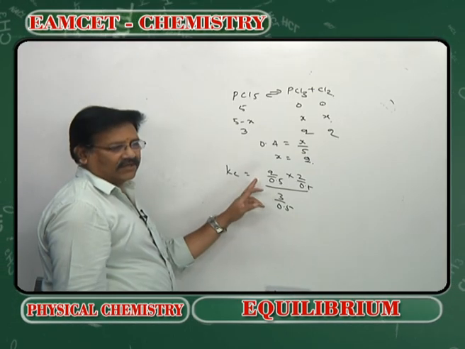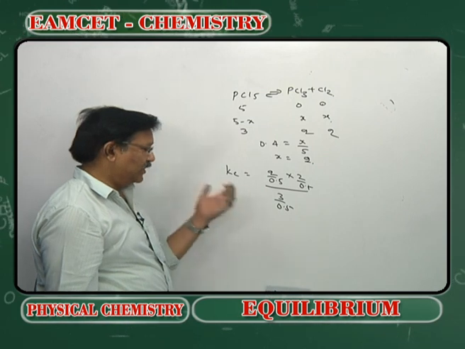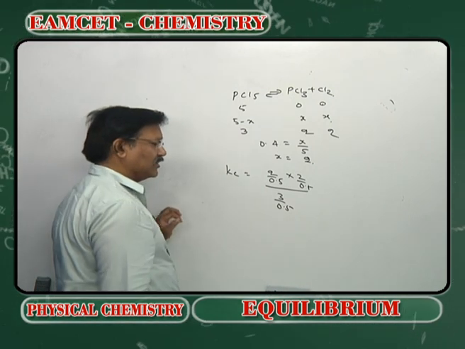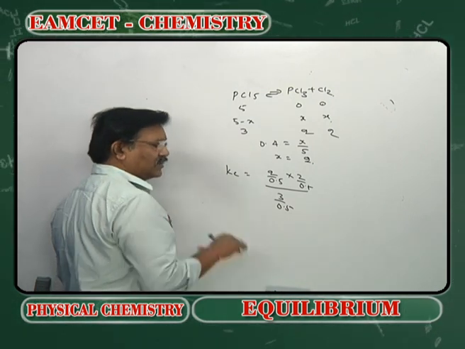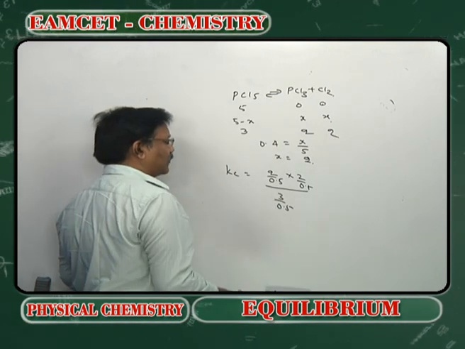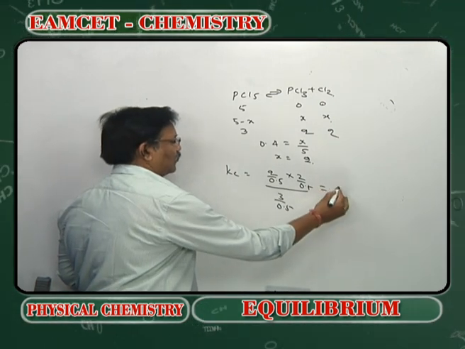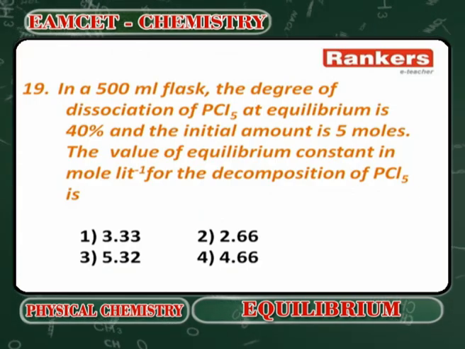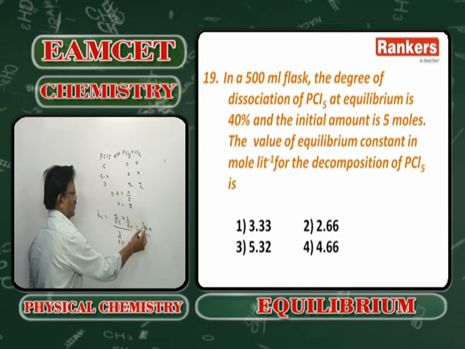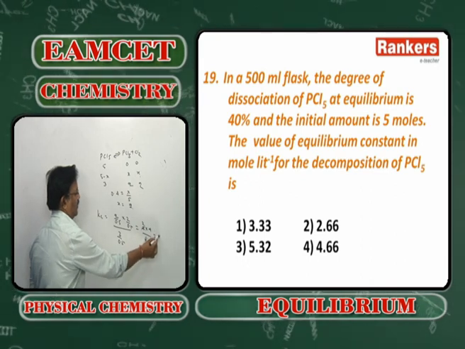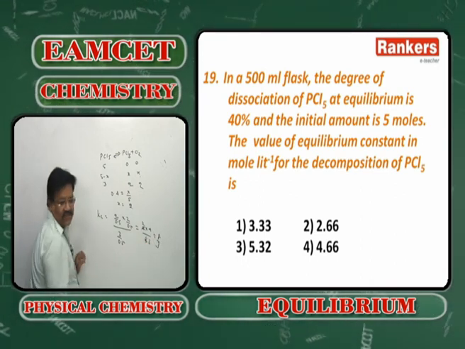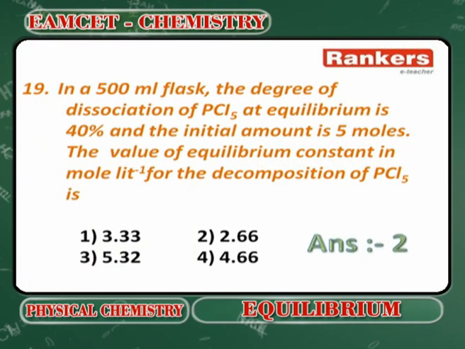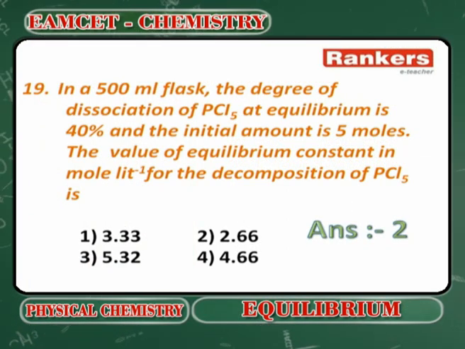Number of moles by volume in liters. 4 into 4 by 6, so 8 by 3, 2.66 is the answer. Option 2. Right. Next, move on to the next problem.